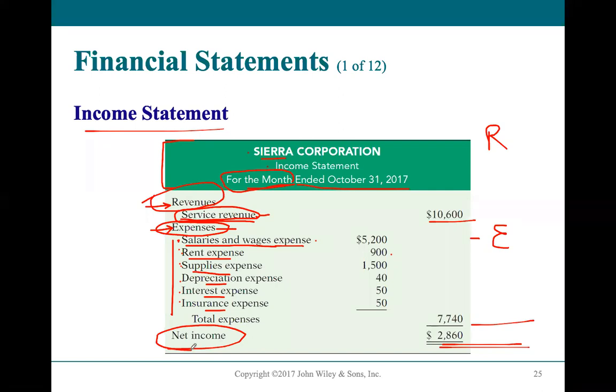The first 4 chapters, they're all happy companies. They're all very profitable. But in real life, there are companies whose expenses are much higher than their revenues, in which case it's not net income, it's called a net loss. And there will be companies that report net losses. All that simply means is for that period of time, whether it's the month or the year, their expenses were bigger than their revenue.